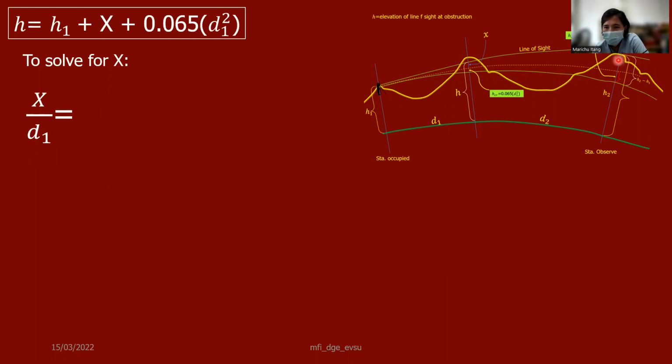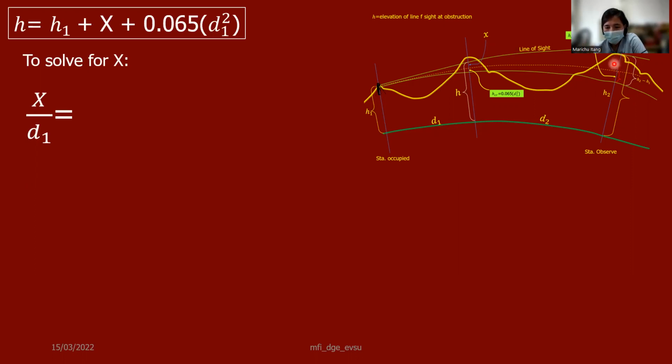So how are we going to determine the value of this length here? So we already have H1 minus H2. So this is H2 minus H1. And then we already have the value of this small, this is the curvature correction between D1 plus D2, right? So if this is 0.065 D1 plus D2, and this whole here from this point hanggang dito is H2 minus H1, therefore, yung ating point dito hanggang dito is just the difference between H2 minus H1 tapos yung ating 0.065 D1 plus D2.